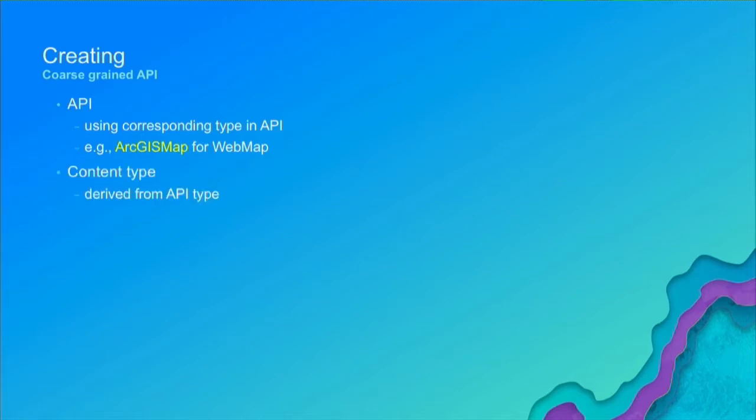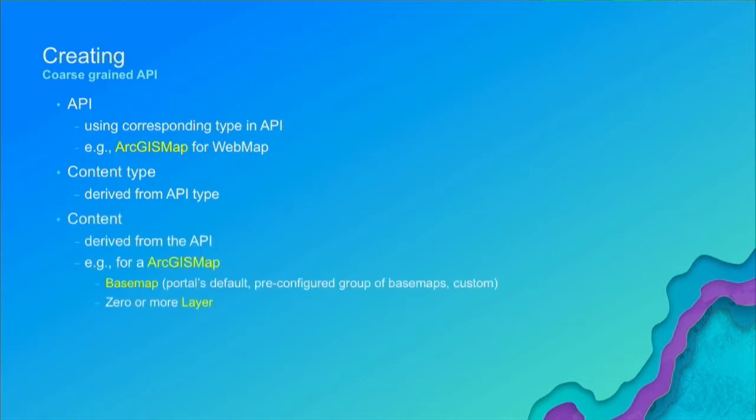In this case, we will derive the type, which is web map, from Arcgis map. And then we provide API to set the content on this map. A map is composed of many different types of content. One of those is a base map. We have a class called base map. You would create a new instance of base map, or you can also get base maps from your portal.